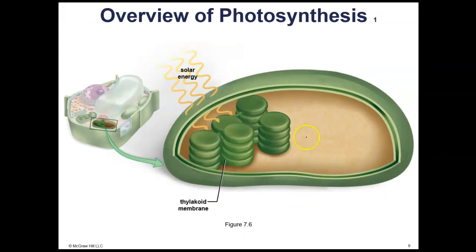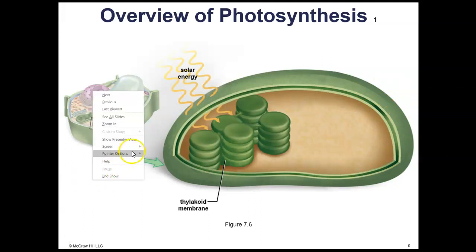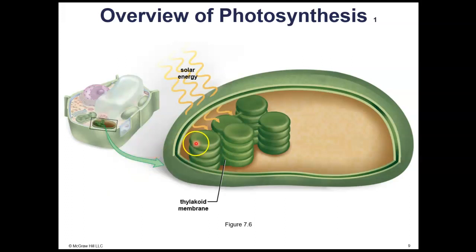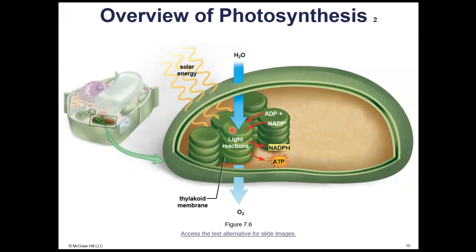Now, this is an overview of photosynthesis as it occurs inside of the chloroplast. So you're seeing a chloroplast here, and you're seeing stacks of thylakoids, or grana, and the thylakoids are the portion of the chloroplast that have the pigment chlorophyll. So the chlorophyll pigments absorb solar energy or sunlight, and during this process of the light reactions, a molecule of water is split, and it gives off hydrogen ions and oxygen.